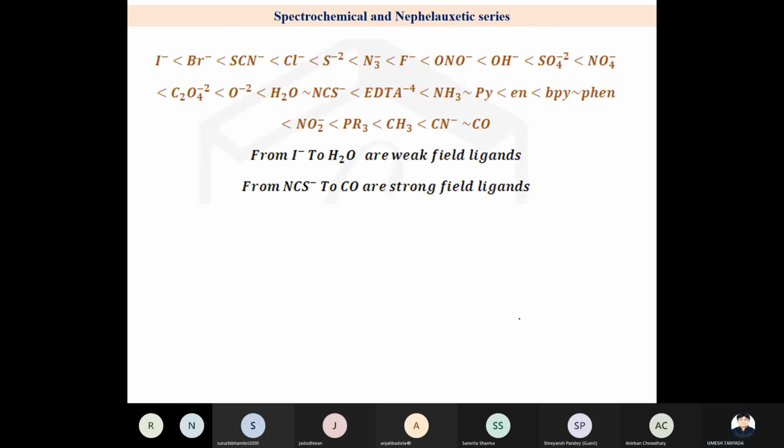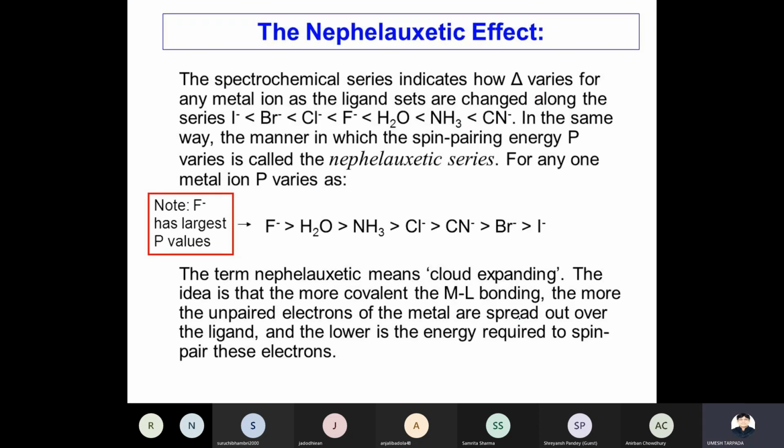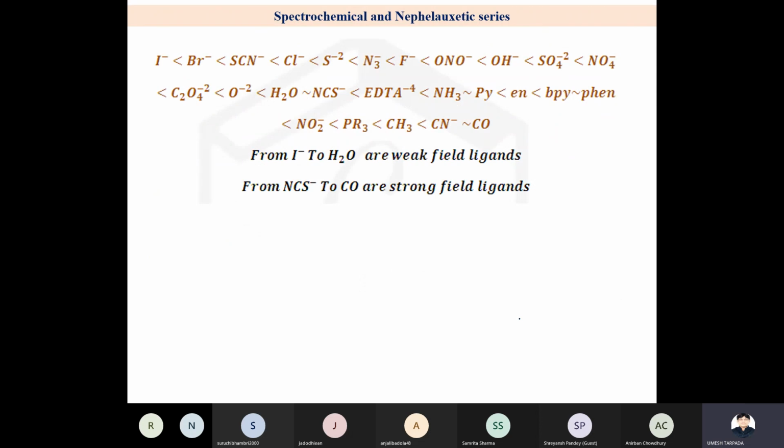So now see how to get crystal field stabilization energy, and which factors affect crystal field splitting. We go for that. Okay, so before starting that, this is the spectrochemical series. That is nothing but the arrangement of ligands according to decreasing order of their field strength.